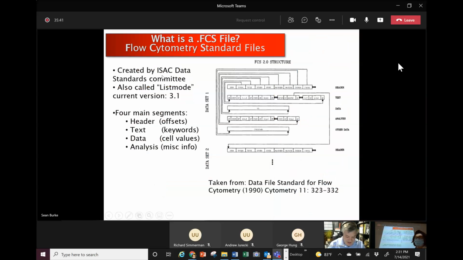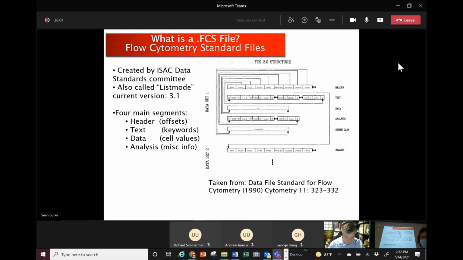So one thing to understand is that data is stored in what's called an FCS file. That's what the instrument creates, right? And an FCS file is just like a file on your computer, like you have a PDF file or a PowerPoint or a TIFF image or a PNG. It's just a type of file, and that's what's stored by a flow cytometer.